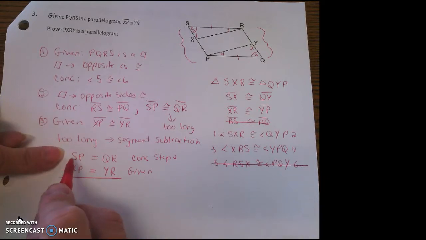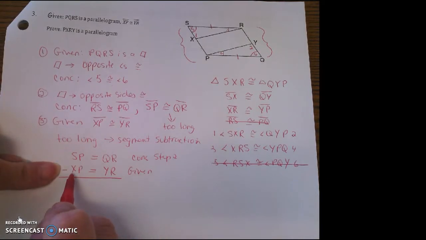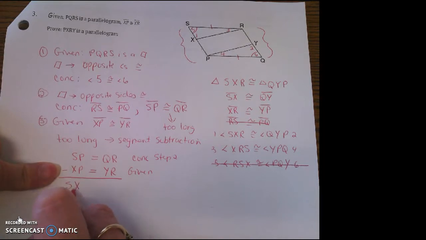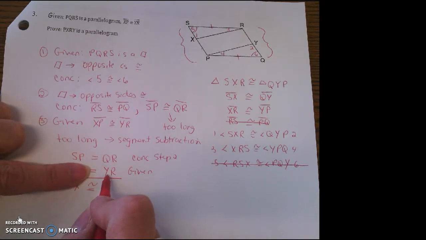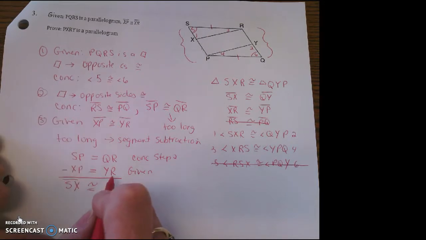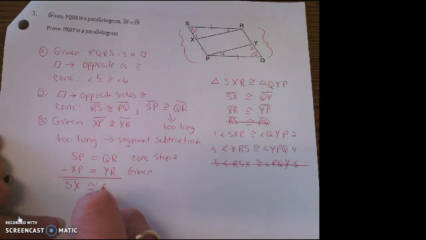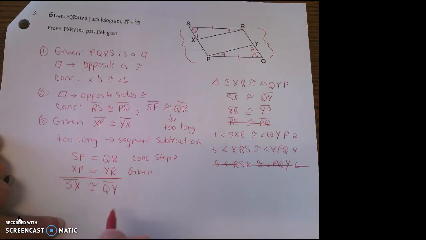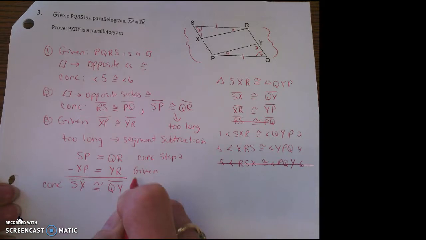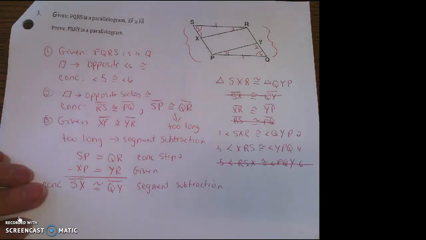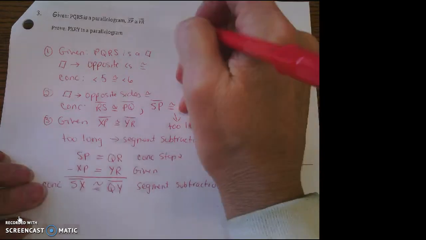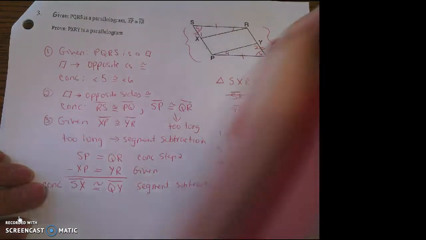If I take the length from S to P and subtract the length from X to P, I am left with just line segment SX. And if I take the length from Q to R and subtract away the length from Y to R, then I can conclude that that is congruent to line segment QY. That is my conclusion by segment subtraction. That is now the side over here in our two triangles.